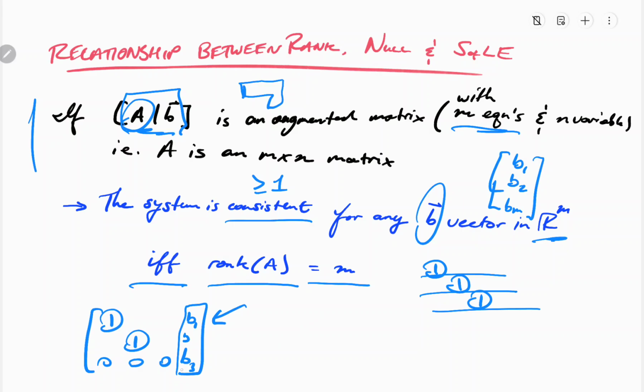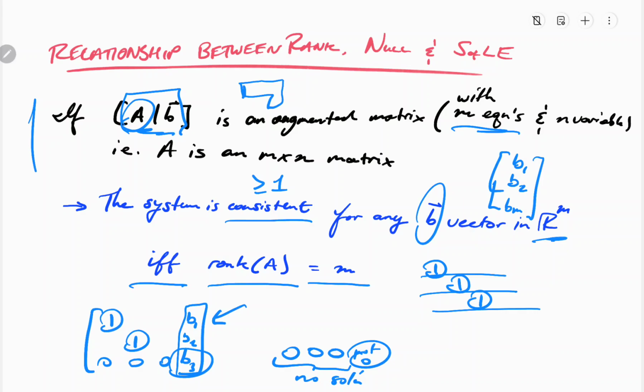If we recall what we just did, if B3 is anything that isn't 0, you will get no solution. So if this is not 0, then this whole thing will be messed up.